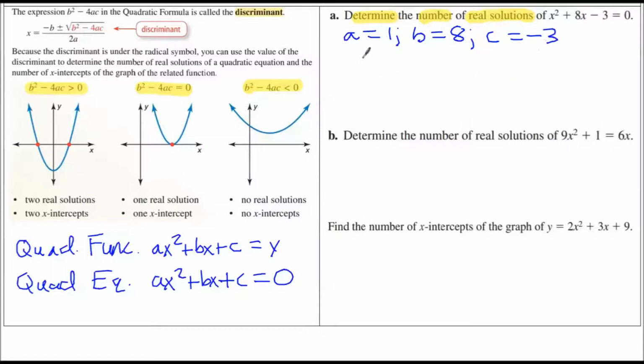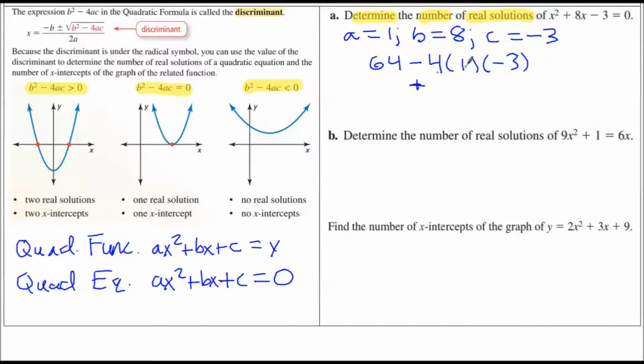Now I can use b squared minus 4ac. B squared is 8 squared, which is 64, minus 4 times a times c, and we're going to compare this to 0. Negative times a negative is a positive, so you've really already answered the question.